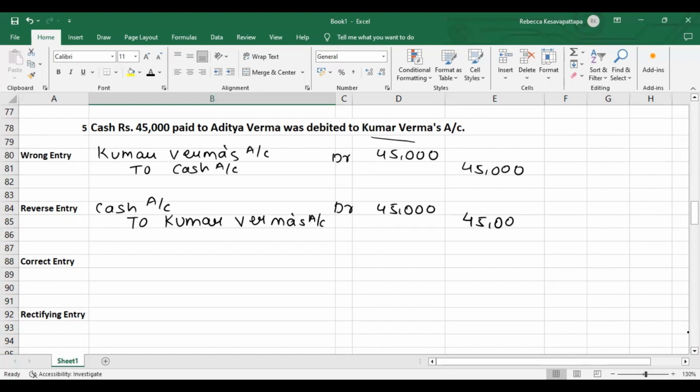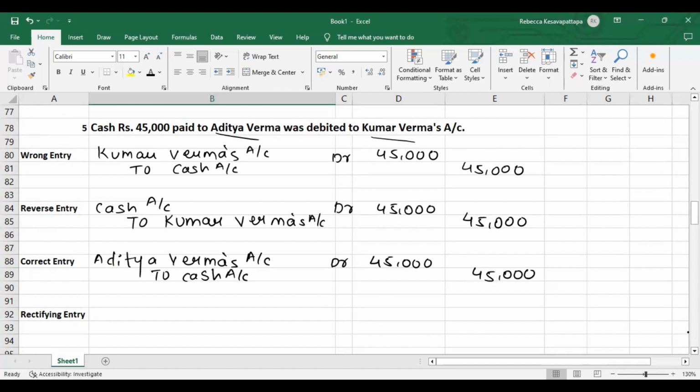What should have been the correct entry? Aditya Verma was being paid, so Aditya Verma should have been debited, debit the receiver. Aditya Verma's account debit 45,000 to cash account 45,000.